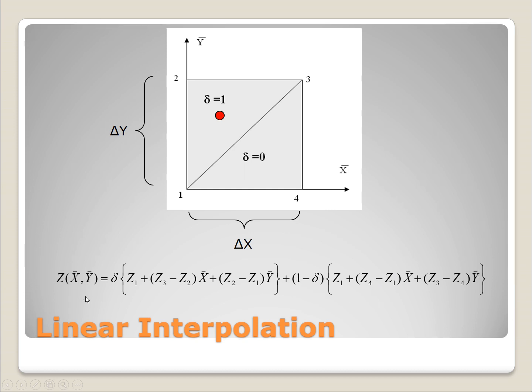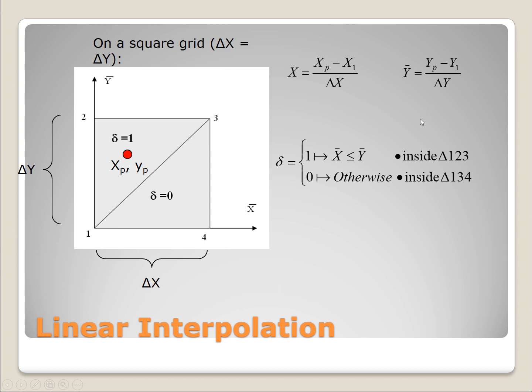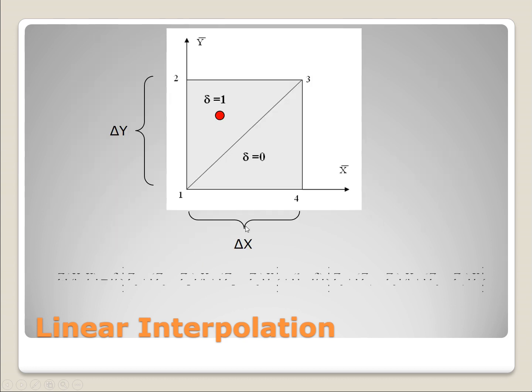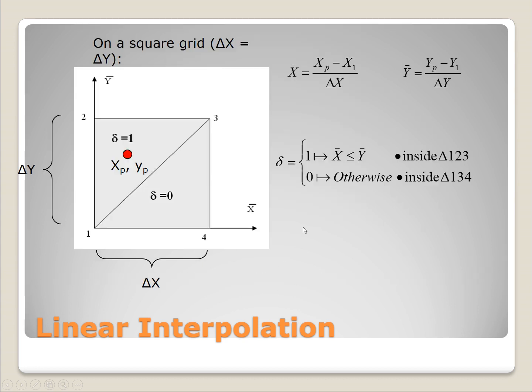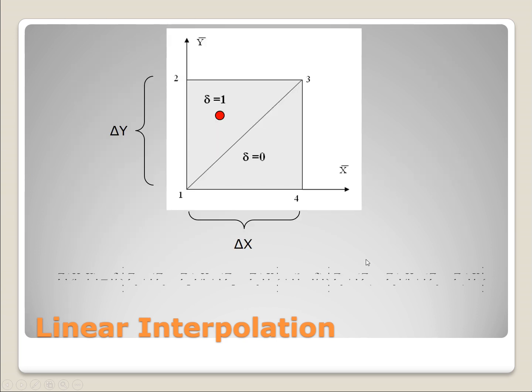If it's 0, this front part becomes 0, and then I only need to worry about this back part. That's all it's doing, identifying whether it's in the top triangle or in the bottom triangle. And then we just apply these values. So we have the z values, and then x bar, which is what I calculated on the previous slide, and then there's y bar, which is also on this page as well.